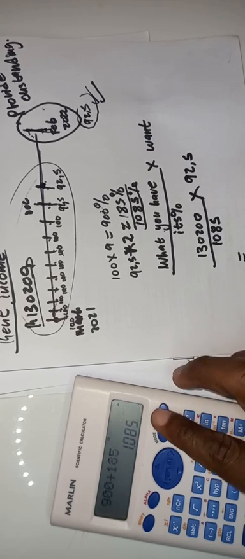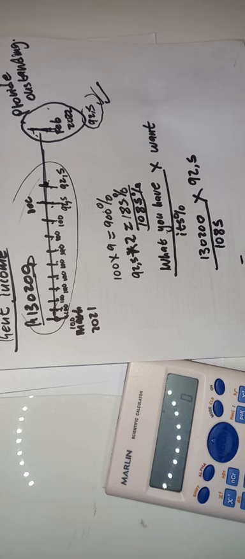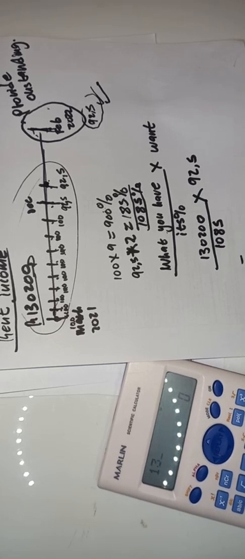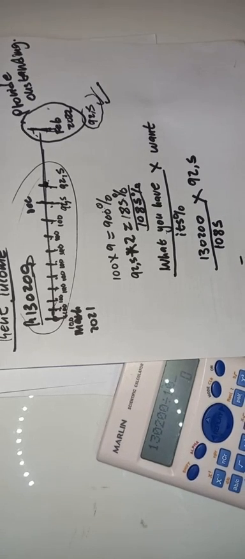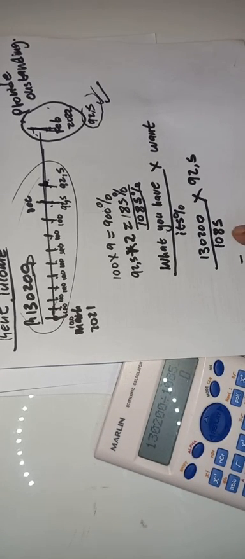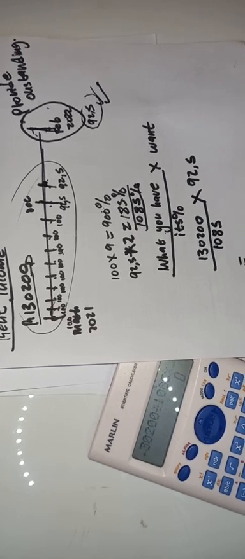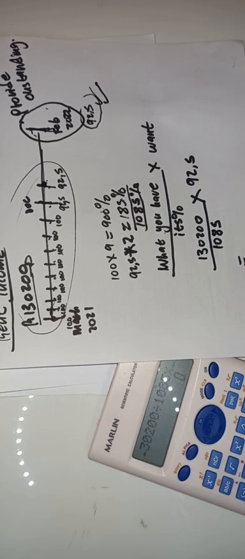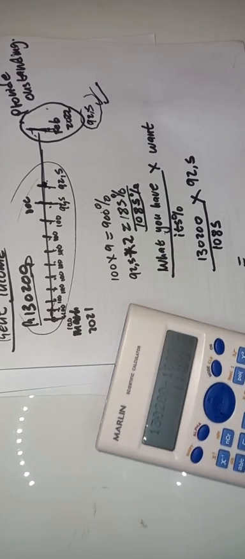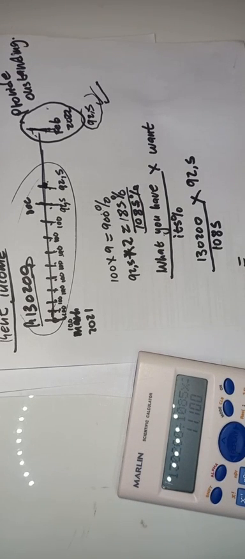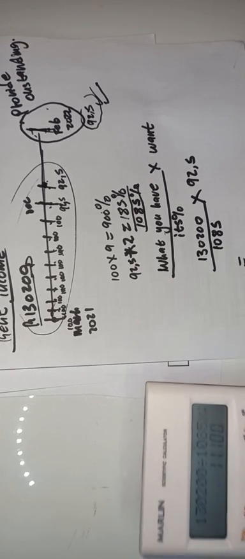So let's punch our calculator. It's 130,200 divided by 1085, then multiply by 92.5. So our rent, as you can see, is 11,100.